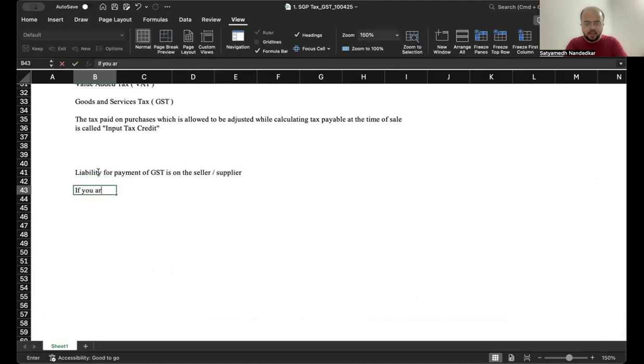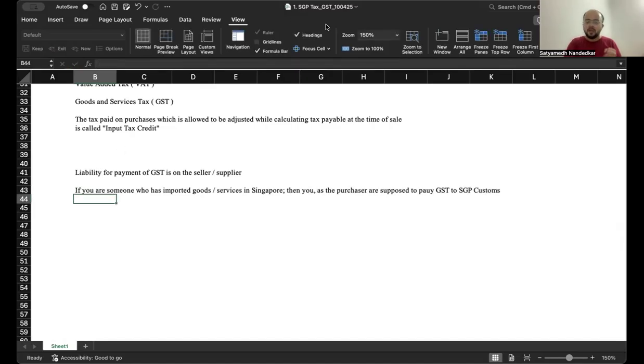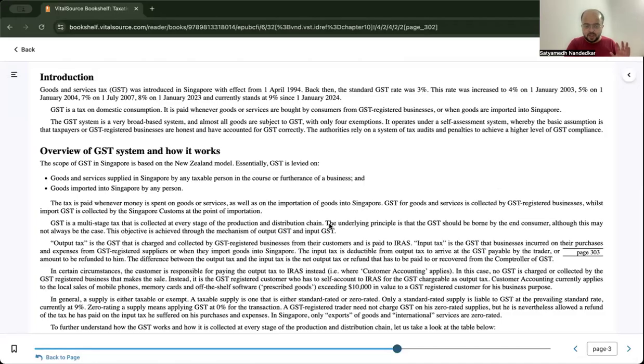But if you are someone who has imported goods/services in Singapore, then you as the purchaser are supposed to pay GST to Singapore Customs. Singapore Customs will collect the amount of GST from you, and they will not release the goods to your custody unless you have paid the amount of GST.